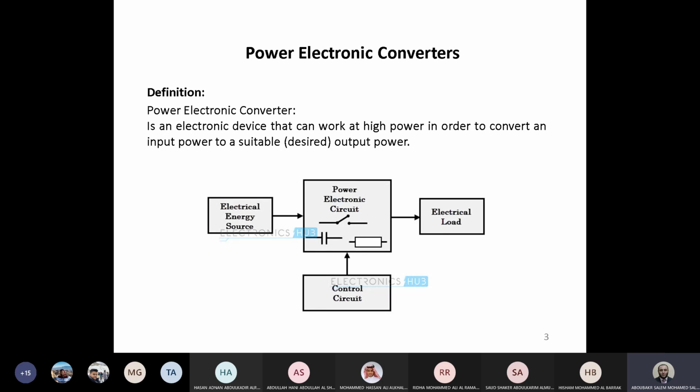So all of this can be done by using the power electronic converter. The power electronic converter itself will be different circuits, but will have the same purpose, which is achieving a certain desired output for our motor. So this is the purpose of the power electronic converter.